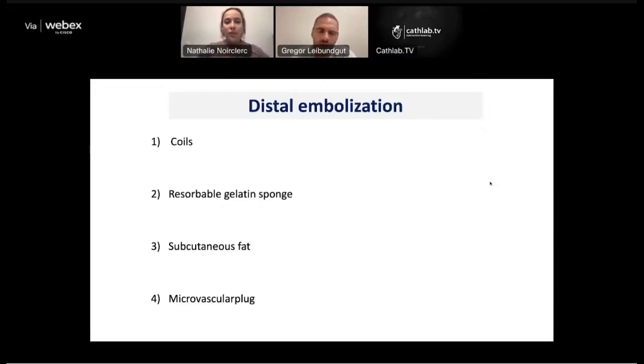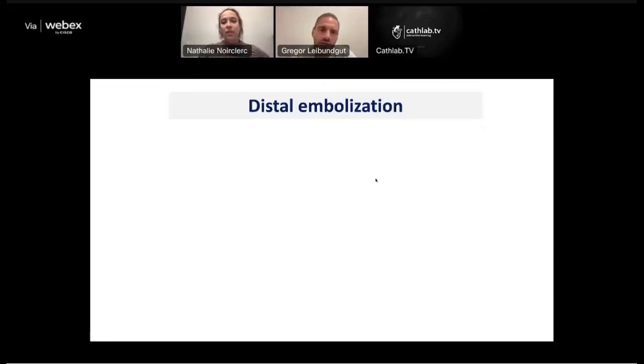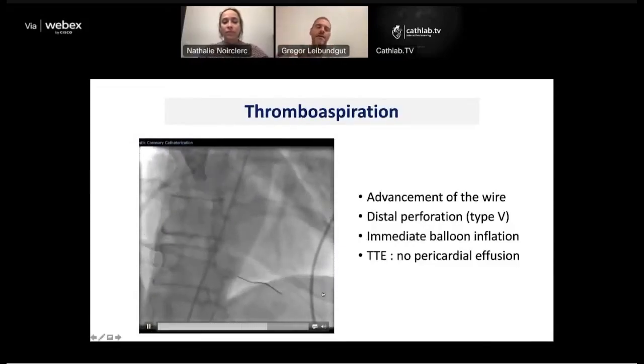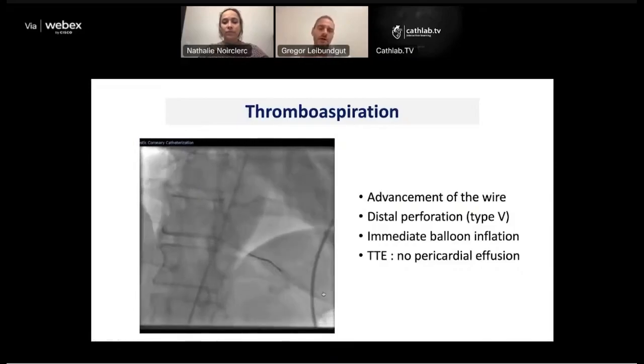Okay, so one thing that I think is very specific when you go back to your movie, you can appreciate that the contrast, as you said, is staying there. So it is a hematoma in the myocardium or in the pericardium in the fat tissue.